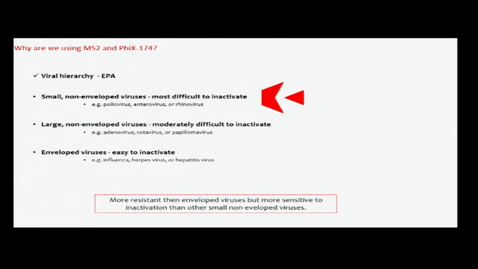Small and non-enveloped virus are most difficult to inactivate, large and non-enveloped virus are moderate, and enveloped virus are easy to inactivate. We can find MS-2 and Phi in this category here. So they are more resistant than enveloped virus, but more sensitive than other small and non-enveloped virus. So they are a good target for disinfection according to EPA.